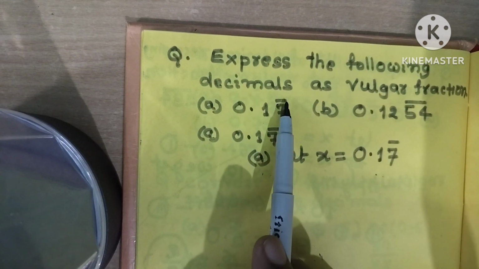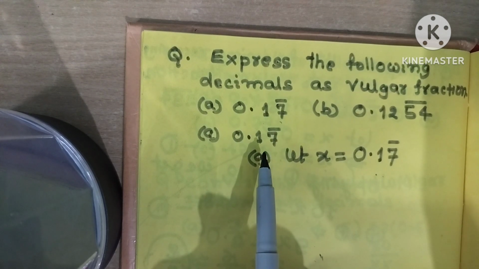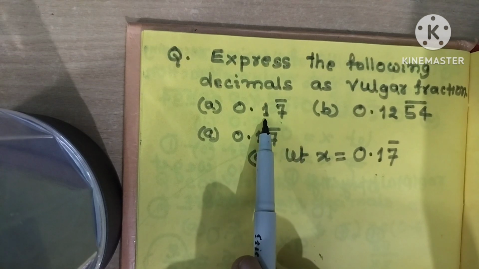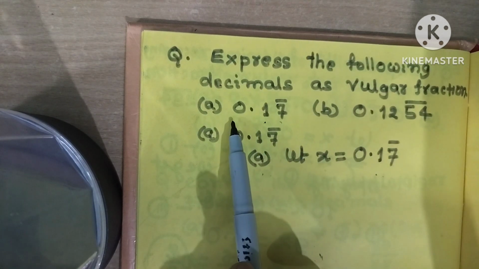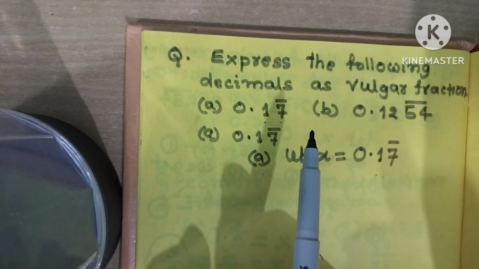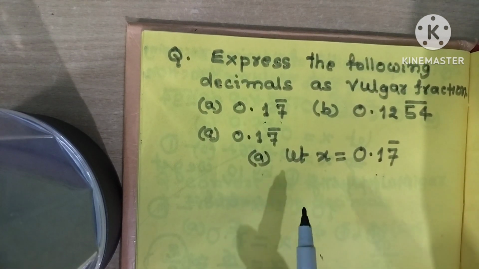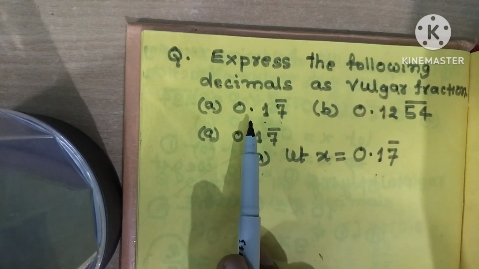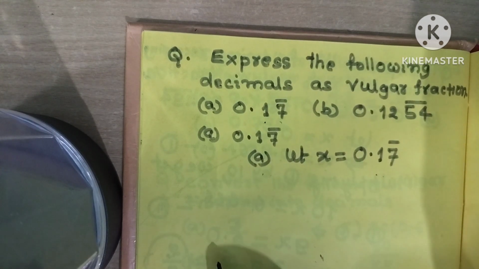Here bar is given on just 7. This 1 is not repeating where 7 is repeating. So this decimal is the recurring decimal, that is correct, but this is mixed recurring decimal.